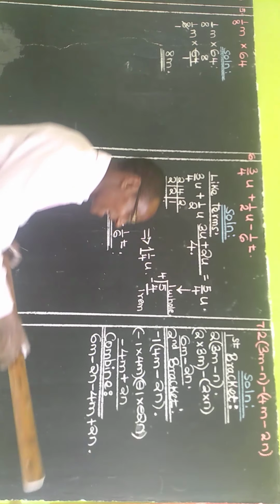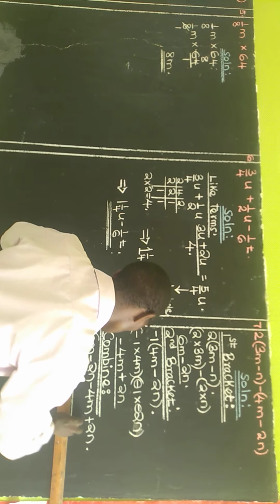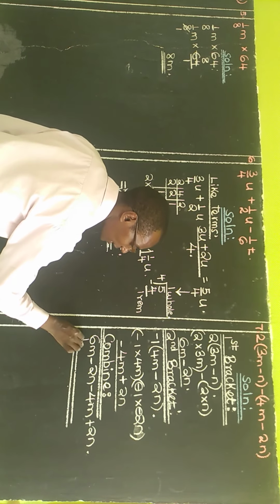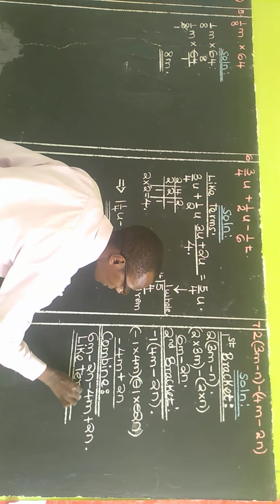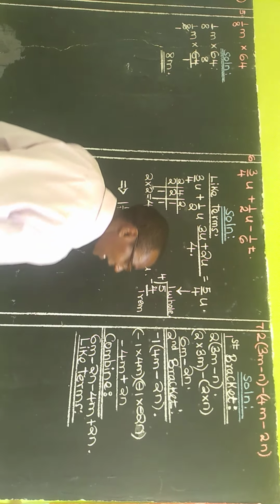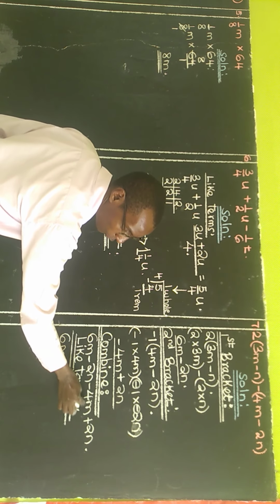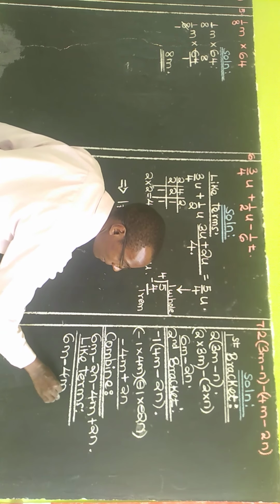After combining them, we go on to the next step, which is collecting the like terms together. The like terms here we have 6m and another m, which is 4m, but this 4m is a negative, minus 4m.